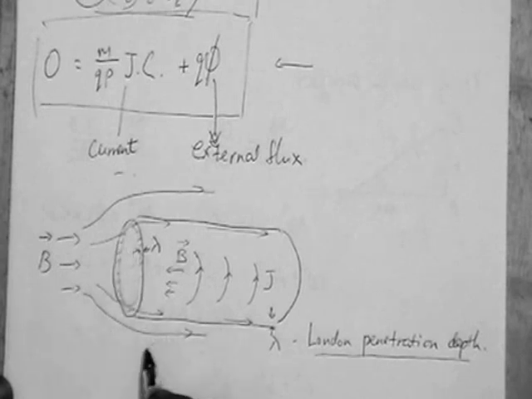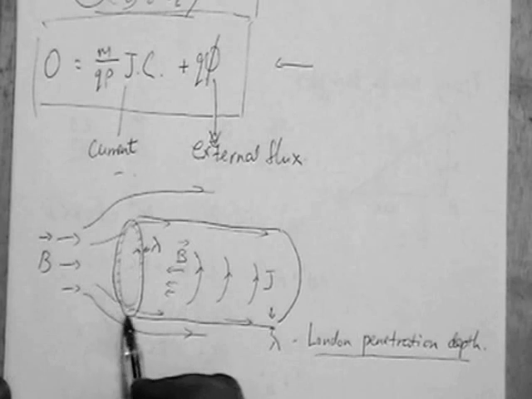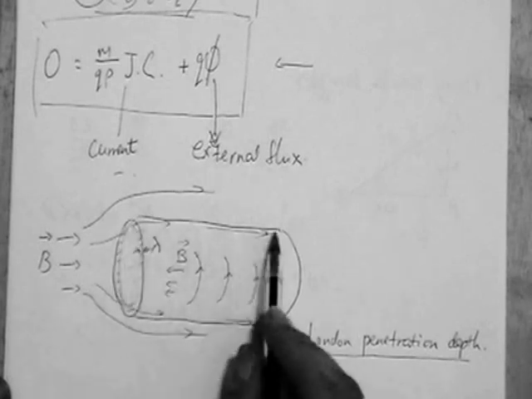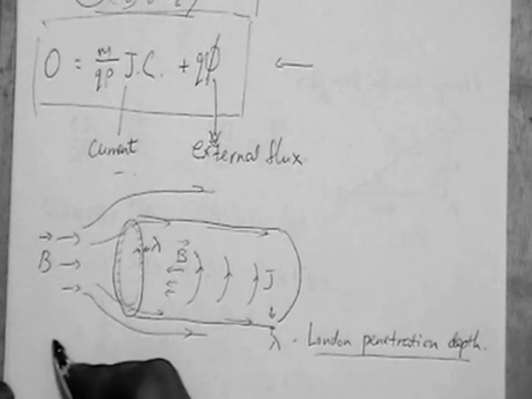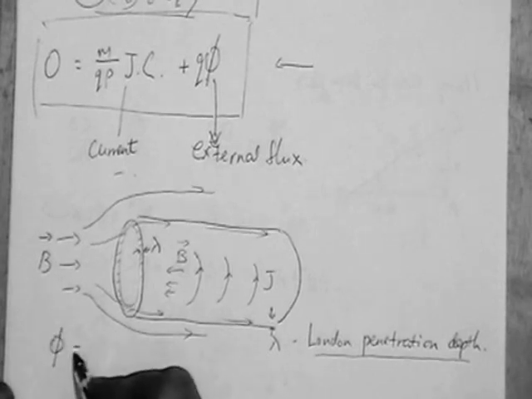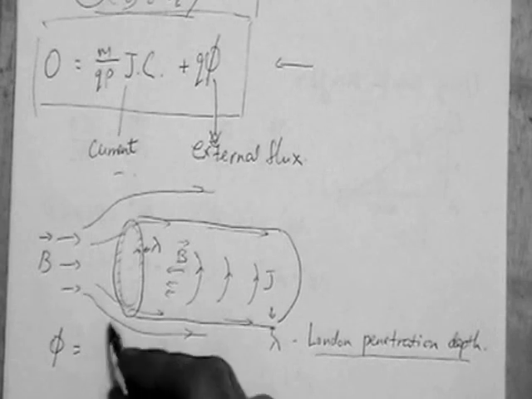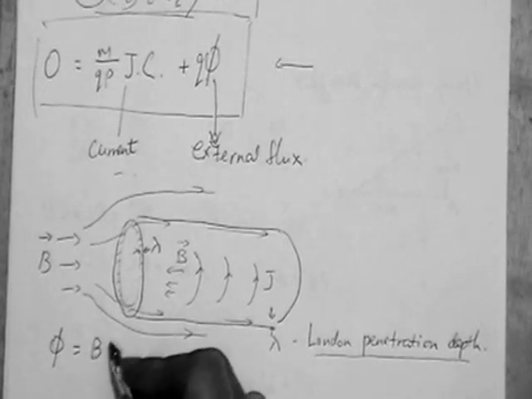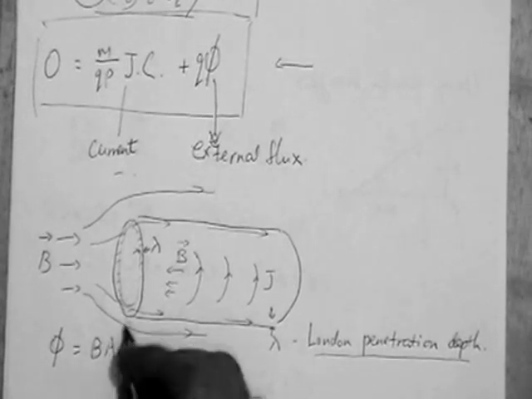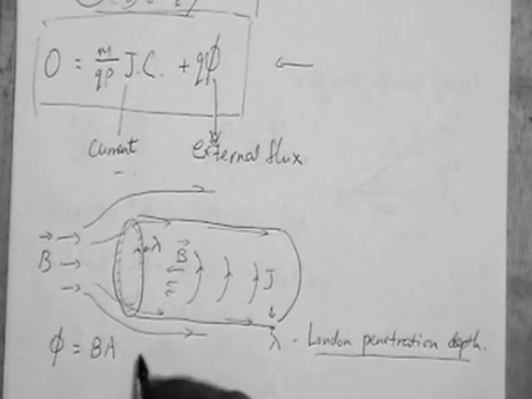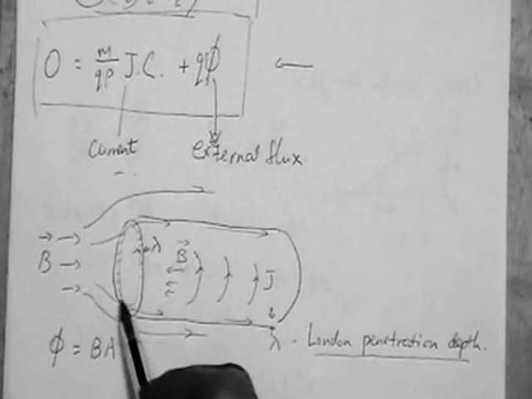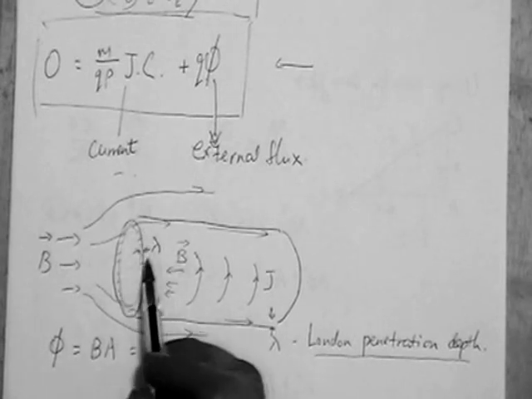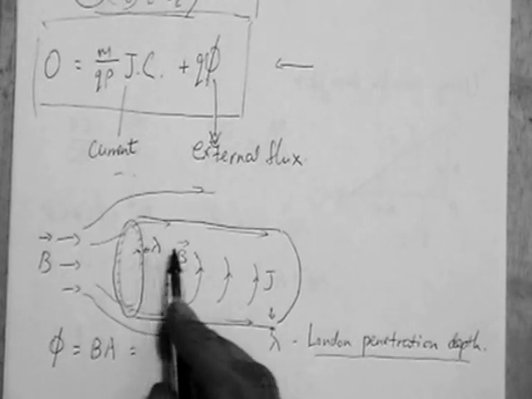And this gives us a way to estimate the magnetic flux that goes through the superconductor, because we know that the magnetic flux is equal to magnetic field times area, and in this case the area is just this shaded bit with a thickness of lambda.